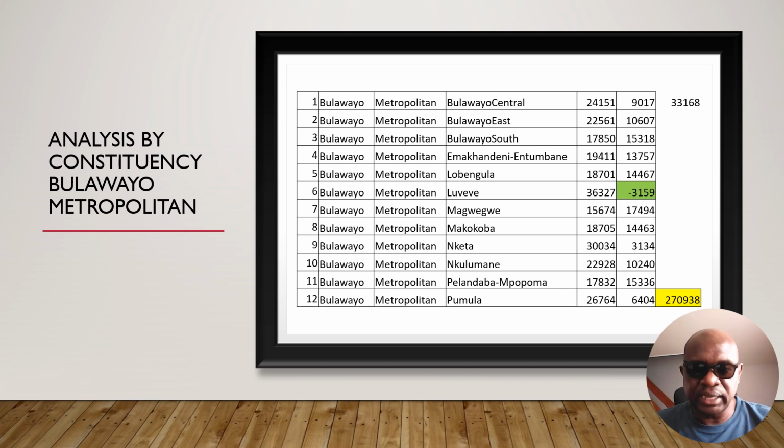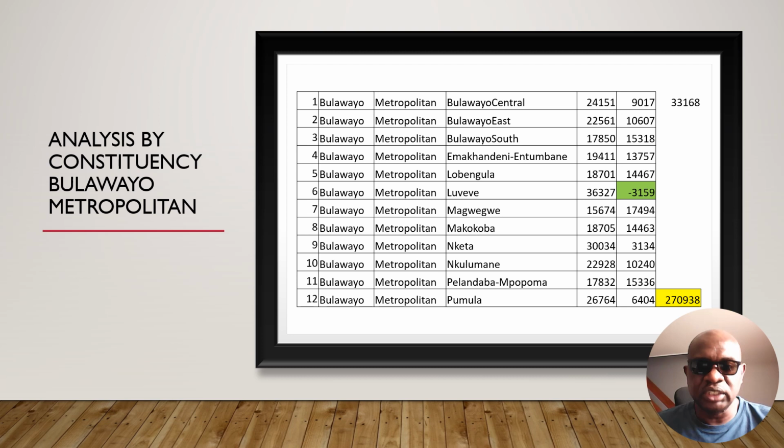If the number is negative, it means it's over by that number. If you see a negative number that is greater than 27,641, it simply means that another constituency should have been created there. This constituency's population has exceeded the actual population by a number equivalent to another constituency. So that's what you must know here.